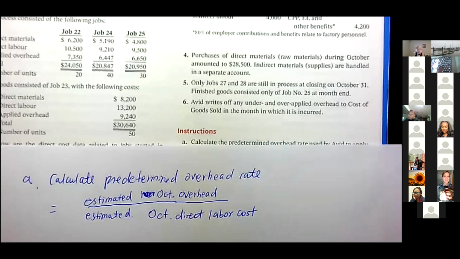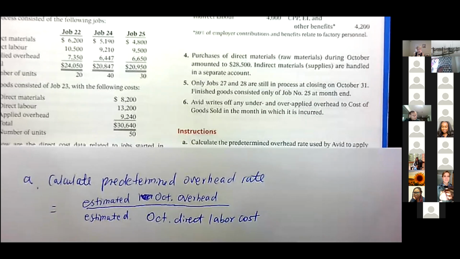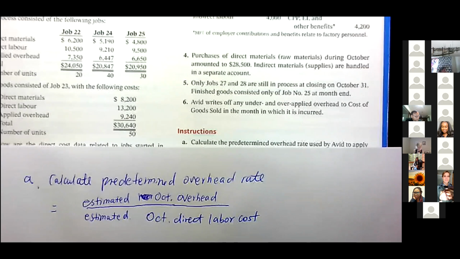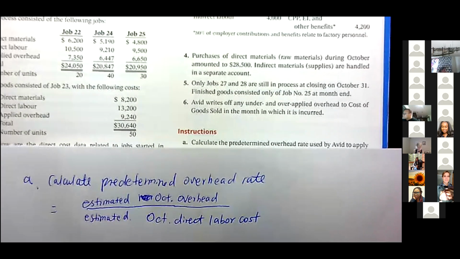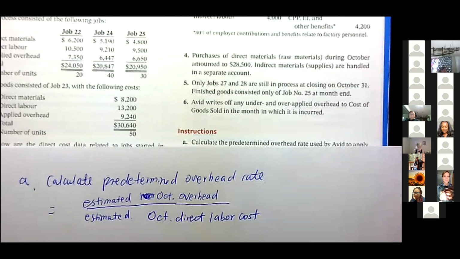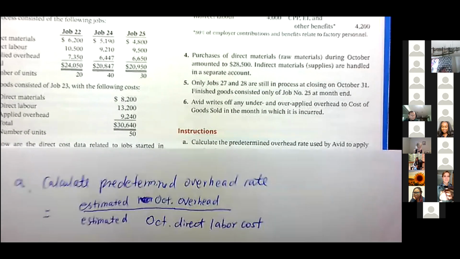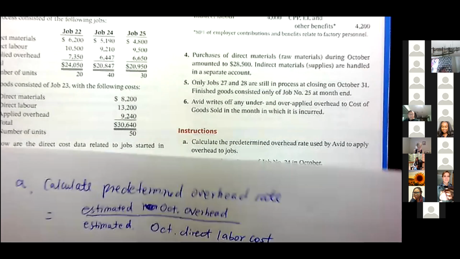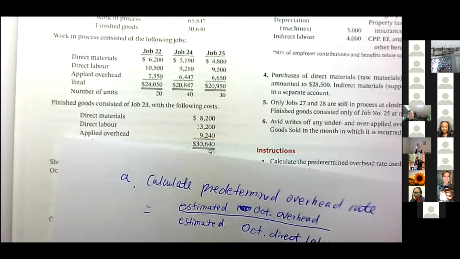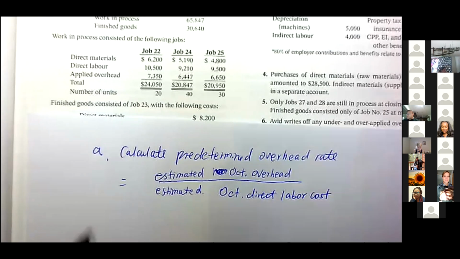Okay, so now you tell me what would be the October overhead? Okay, so let's go back. There's a lot of information. So let's use job 22.